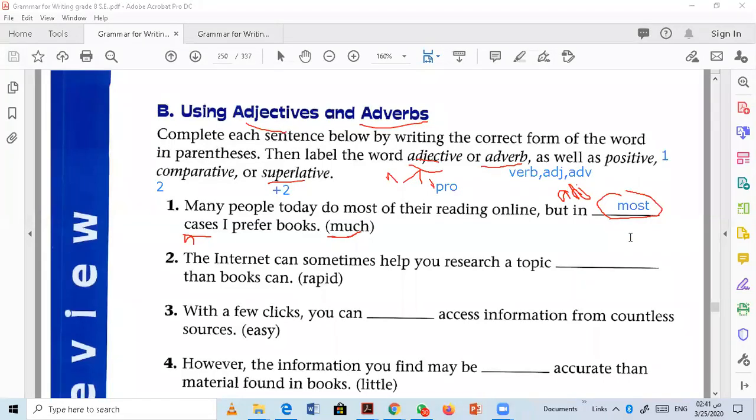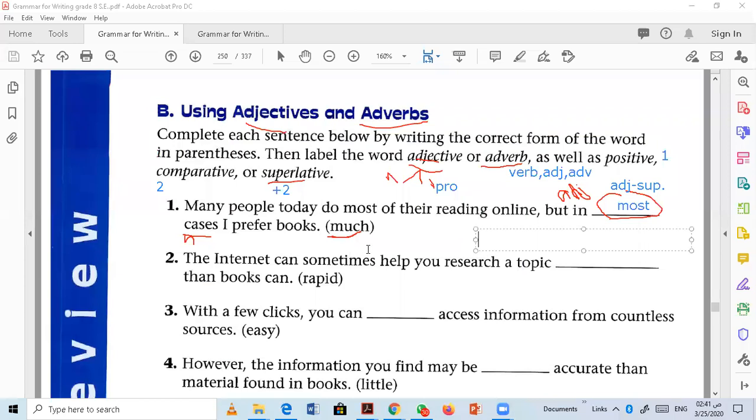The word most is adjective. And is it positive or comparative or superlative? It's superlative. So the word here is adjective superlative. This is what you need to write. So you need to find the correct form of the word that is mentioned in brackets, and then tell me, is it adjective or adverb, and is it positive, comparative, or superlative?